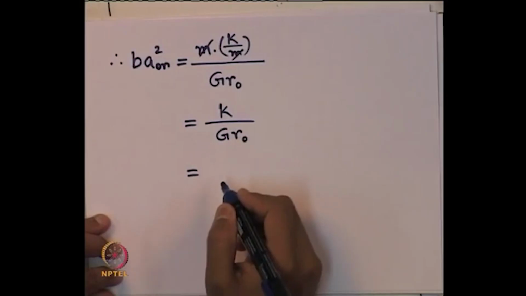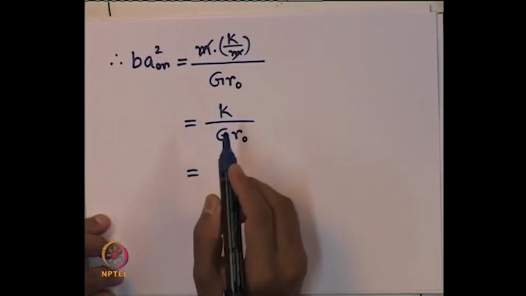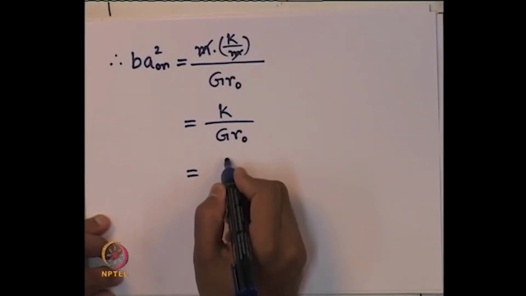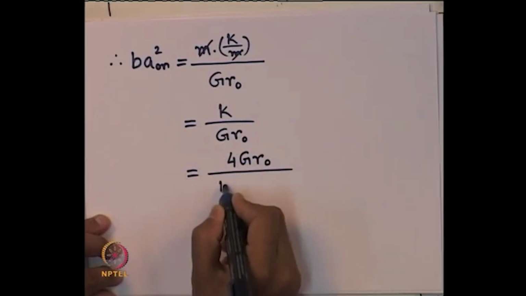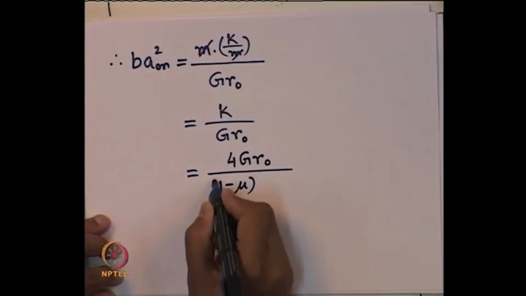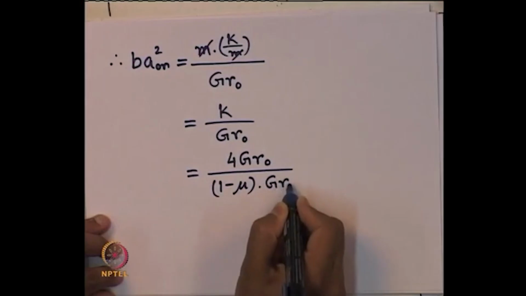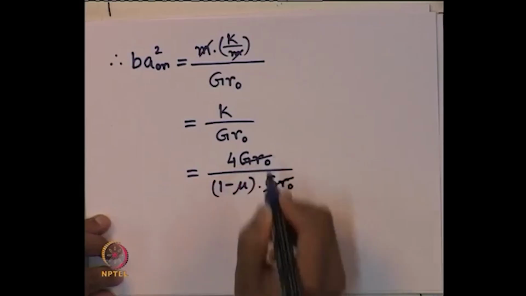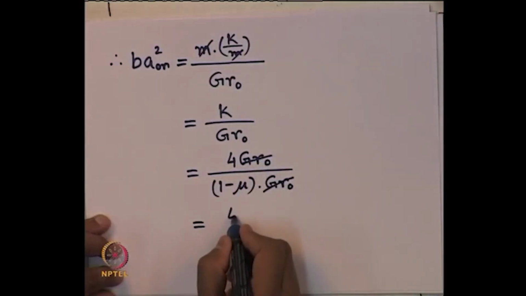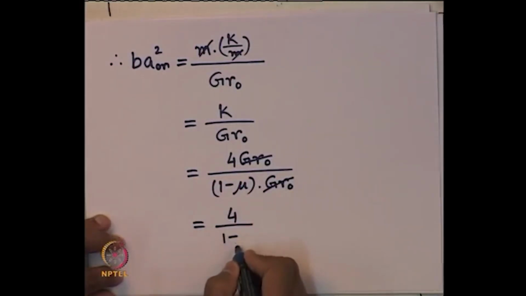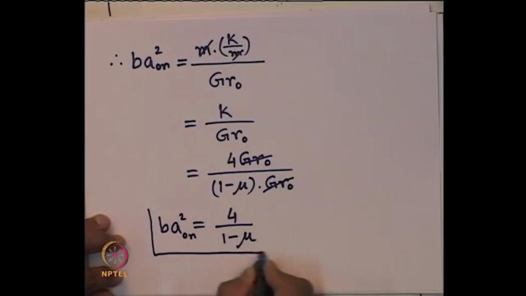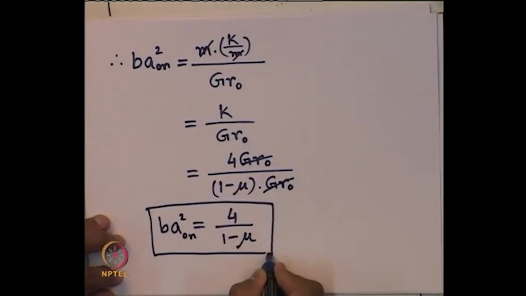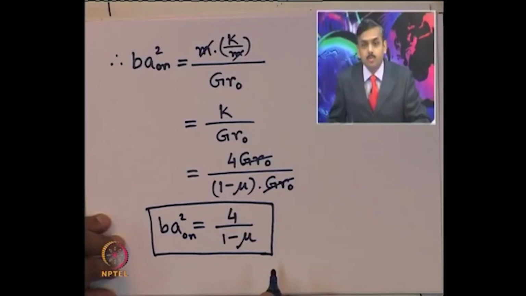Now, what is the expression of k? Just now we have seen for vertical mode of vibration it is 4 G R naught by 1 minus mu. So, this gets cancelled, and we get 4 by 1 minus mu. So, B times A naught n square can be expressed by this expression, that is 4 by 1 minus mu.